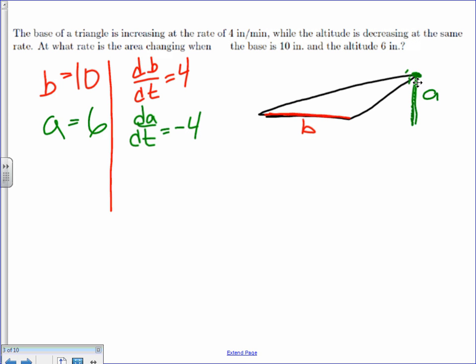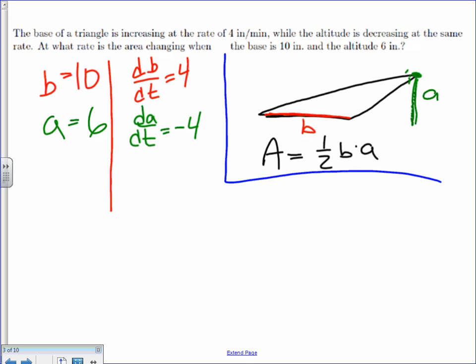Now, I'm asked to find the rate at which the area is changing, so I better throw up a nice little area formula here. Area equals, now I know you're used to 1/2 base times height, but it's the exact same thing. It's 1/2 base times altitude. The altitude is the height in any given random triangle. Okay, so I want to know how fast the area is changing, so I better start taking some derivatives here.